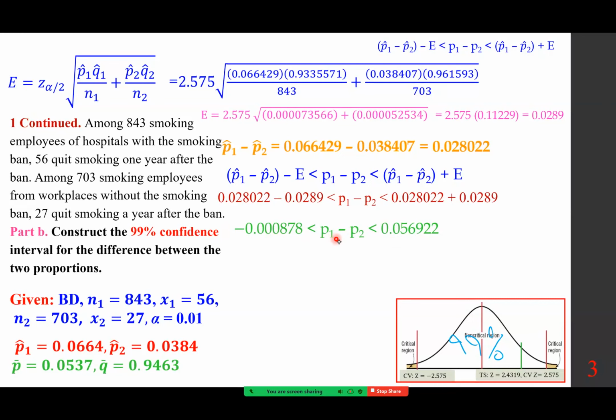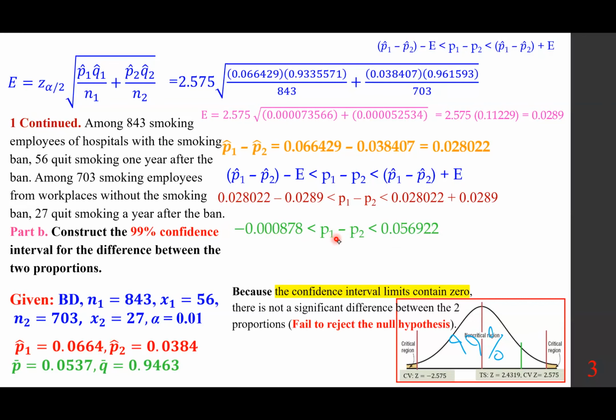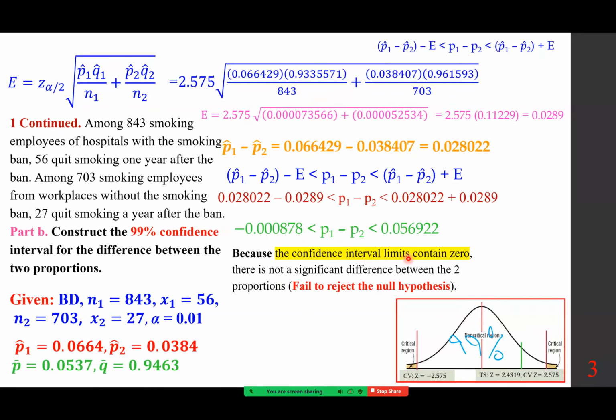And therefore, with the use of a confidence interval, you get to the same decision. So traditional method, the p-value method, and now the confidence interval. Because the confidence interval limits contain 0, see, this is between negative and positive, there is not a significant difference between the two proportions, fail to reject the null hypothesis.